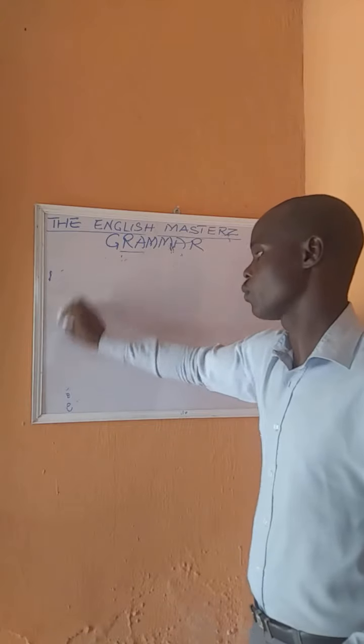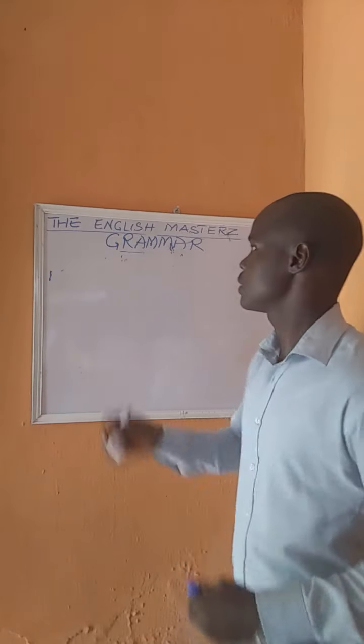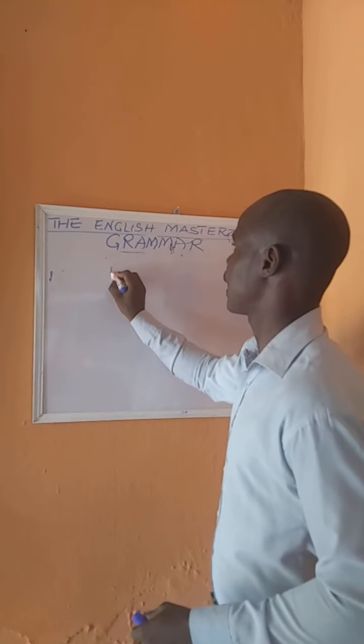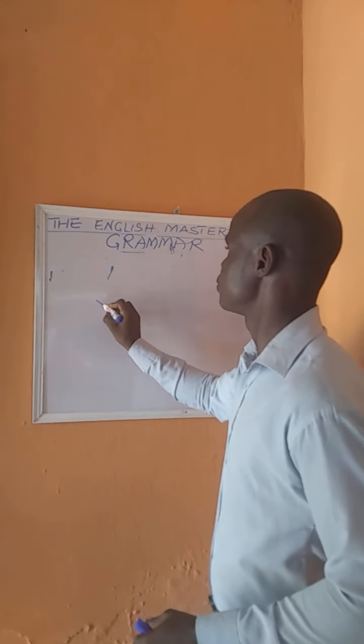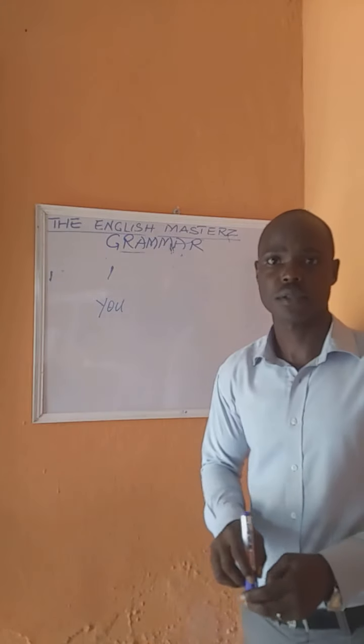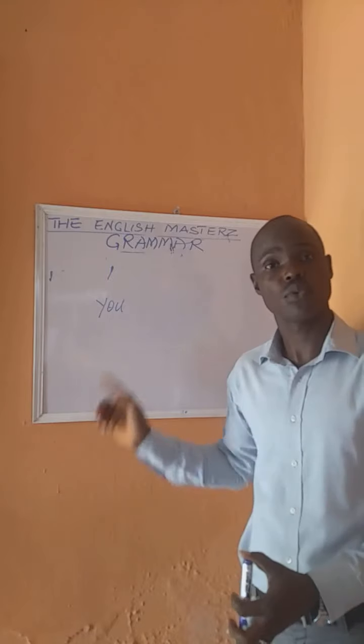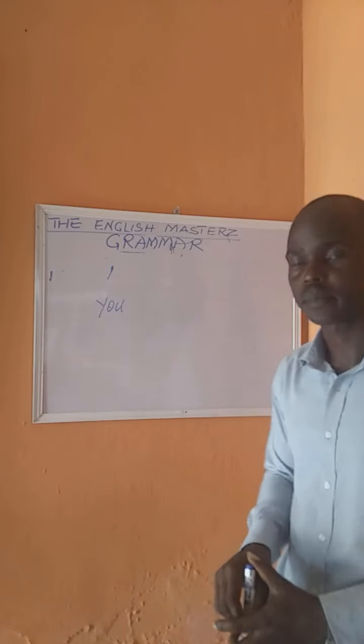Well, there's something we want to chip in, okay? You see these pronouns, I and you. Please take note of them. In our subsequent discussions, we may often refer to them, okay? But we'll just use them because we'll say something about them now.